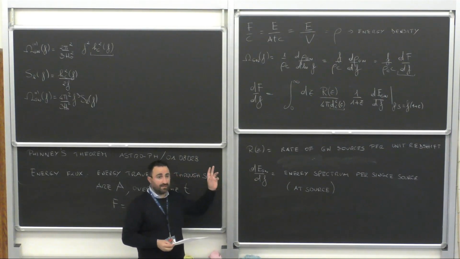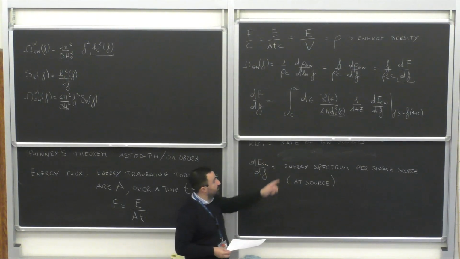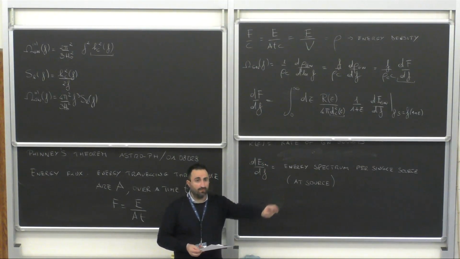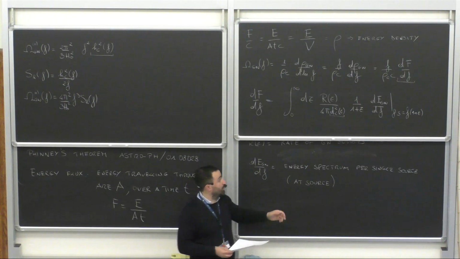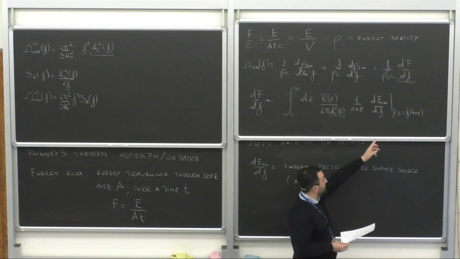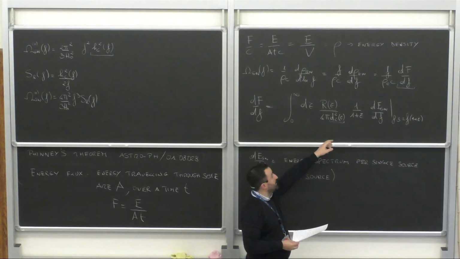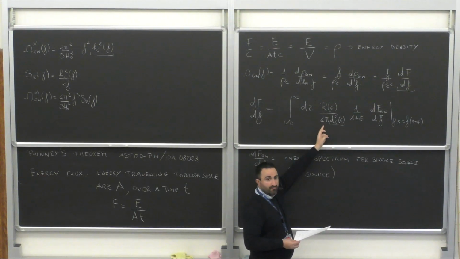Let's try to physically interpret this formula. Essentially what you are doing is integrating over all the fluxes or all the energy spectra for all the sources that you have in the sky. So you consider how many sources you have per unit time.